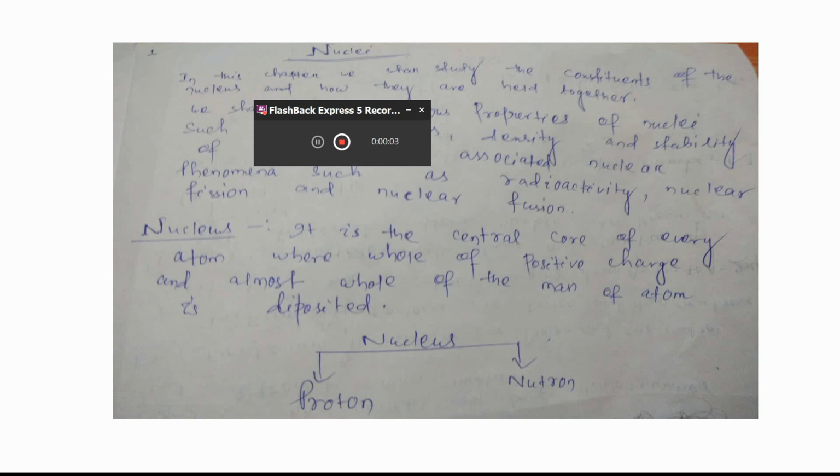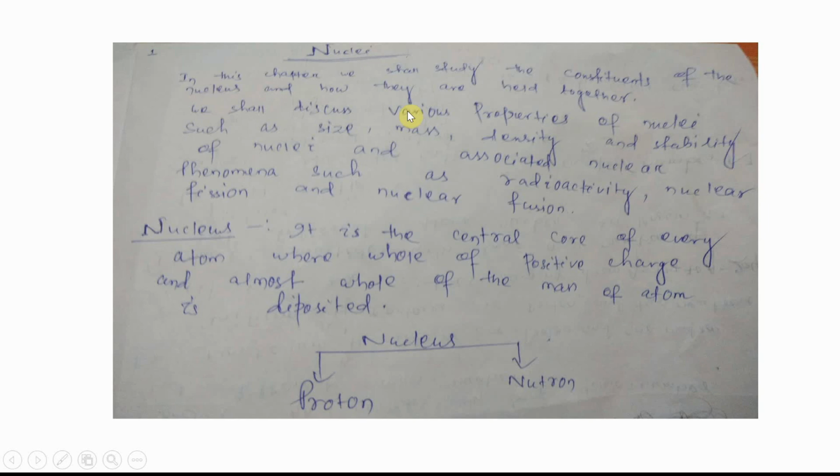Today we'll discuss another new chapter of modern physics, that is nuclei. We have already discussed one chapter of modern physics, that is atom, and in this chapter we'll study the constituents of the nucleus and how they are held together.